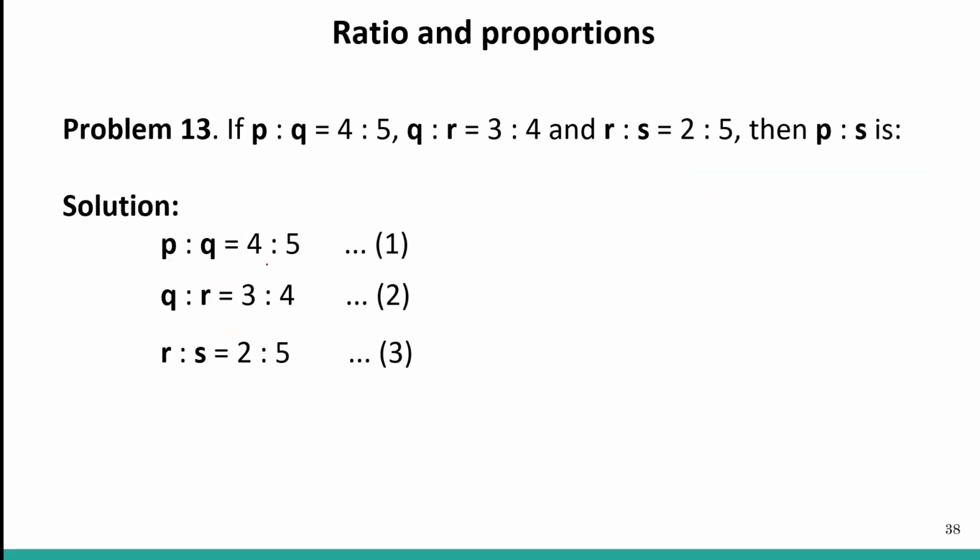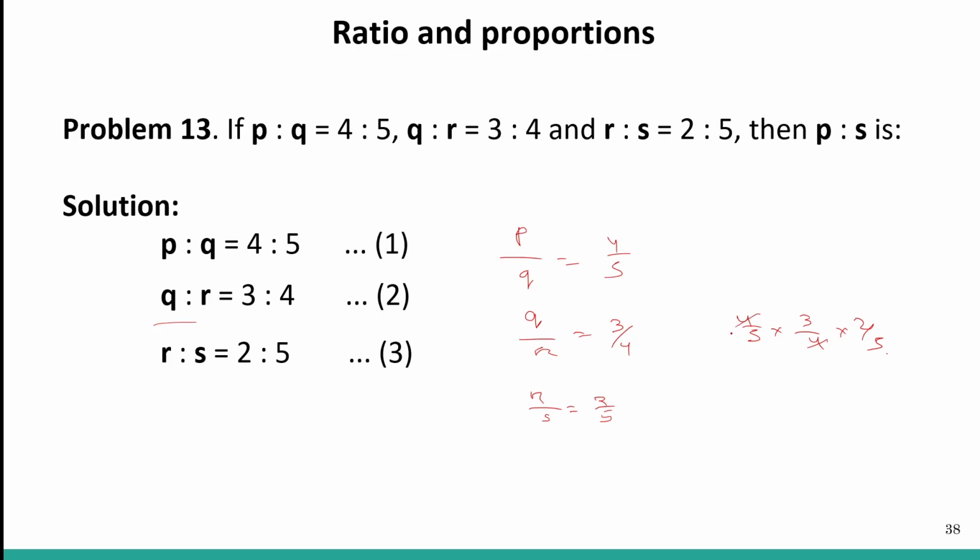So let's go forward and see which one among these four is the correct one. Given that P is to Q is equal to 4 is to 5, Q is to R is equal to 3 is to 4, and R is to S is equal to 2 is to 5. So P by Q equal to 4 by 5, Q by R equal to 3 by 4, R by S is equal to 2 by 5. So multiplying these three, compounding these three, what we arrive at is 4 by 5 into 3 by 4 into 2 by 5, right?